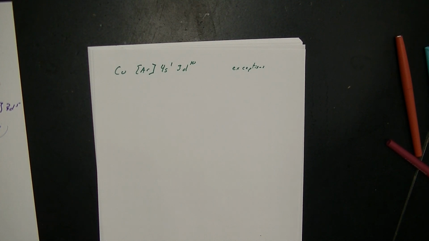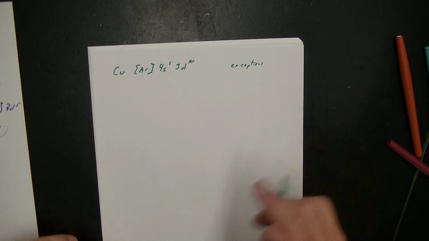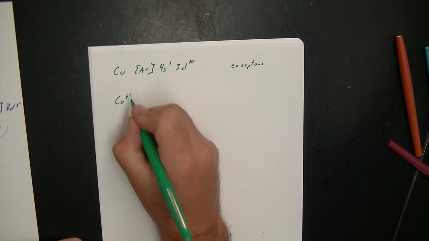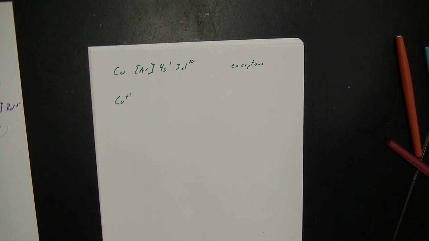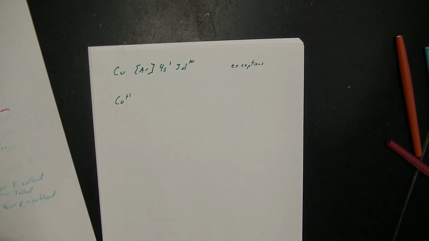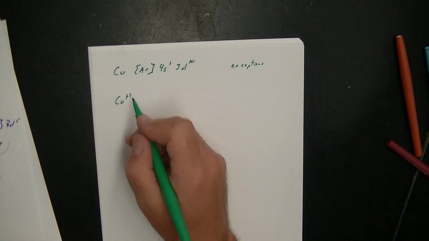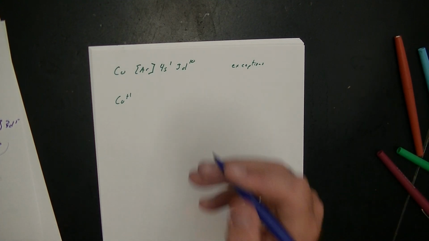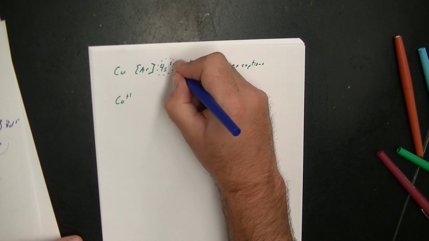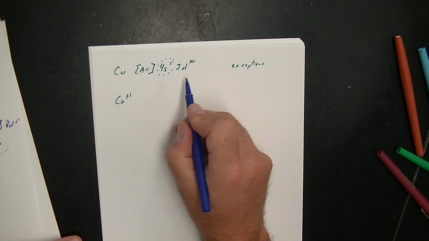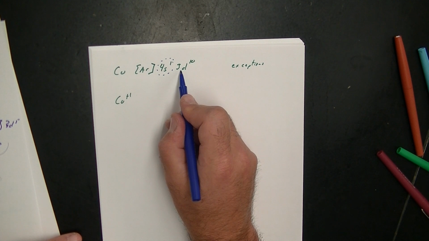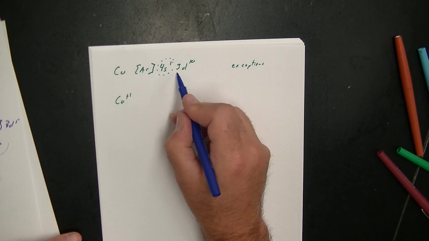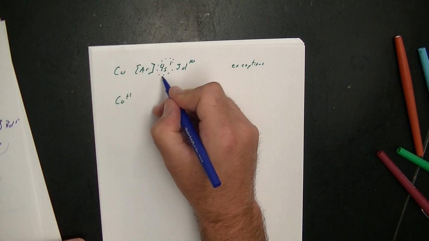Now, copper likes to form Cu+1 ions. It's one of the transition elements that likes to form Cu+1 ions. Why doesn't it want to be +2? Well, remember, it's a transition element. It is going to lose the 4s first. In this case, because of this exception of the Aufbau rules where we fill the d orbitals, it's only got one s orbital to lose.